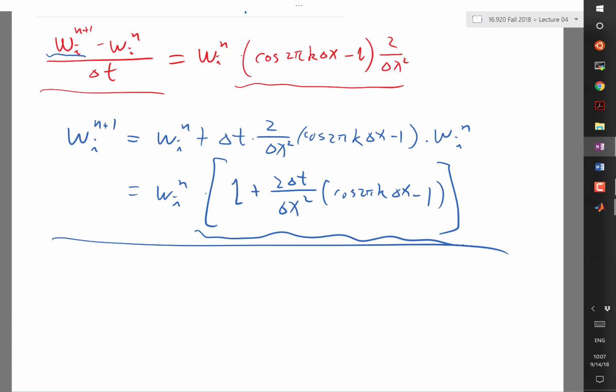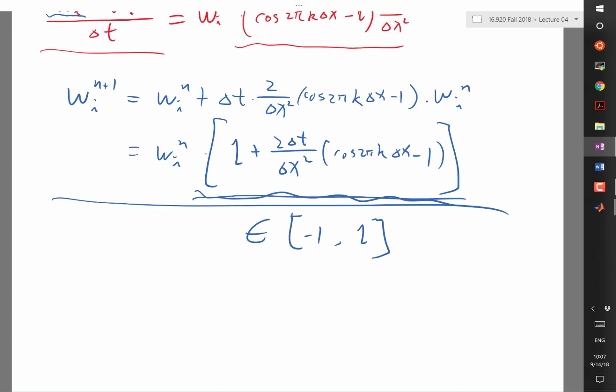But also, it has to be greater than minus 1. So if this constant is minus 2, then I get minus 2 at the next step, plus 4 and minus 8 plus 16 minus 32, etc. I'm going to blow up. So this constant has to be within minus 1 and 1.